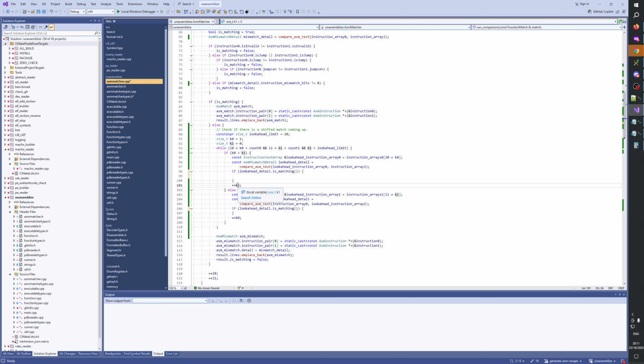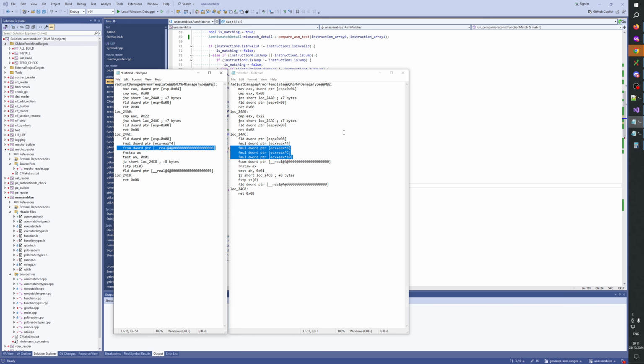K1 will be 3. Wait. So K1 is 0 here at this point, right?